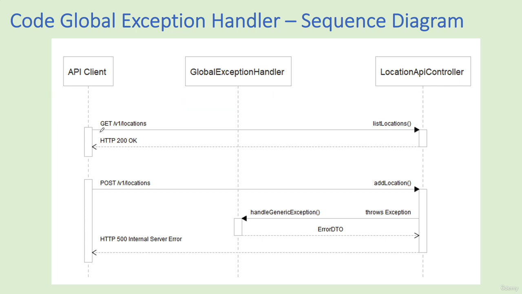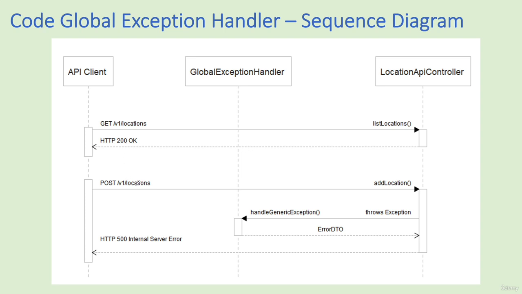The API client sends a GET request to retrieve a list of locations to the API service application, and that means the listLocations handler method in the LocationApiController class gets invoked, and if everything is going smoothly, the API returns HTTP status 200 OK with the data to the API client.